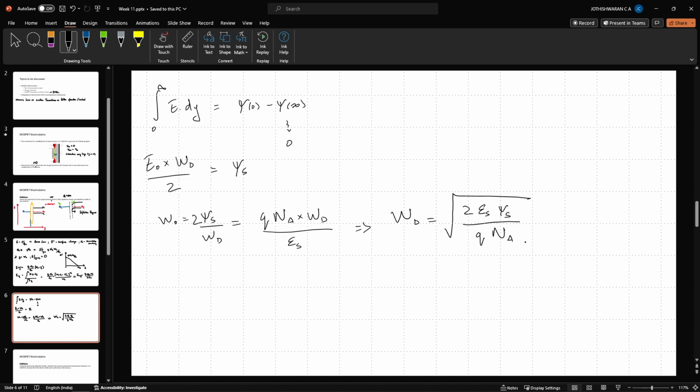For a very approximate case, we can even assume that no voltage is being dissipated across the oxide. I will come to that case later. If we want to get an approximate value of the depletion width, I can also say psi s is approximately equal to Vg. But in general, this is not valid.